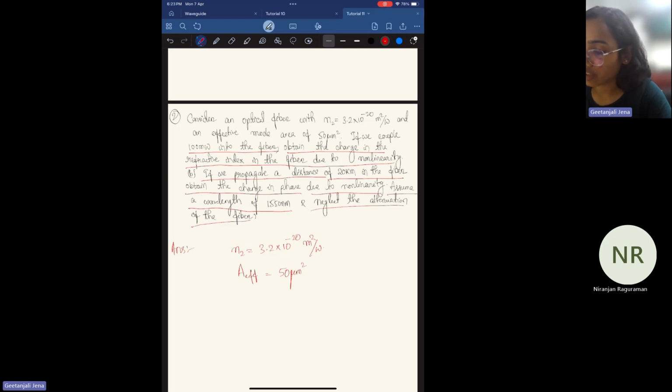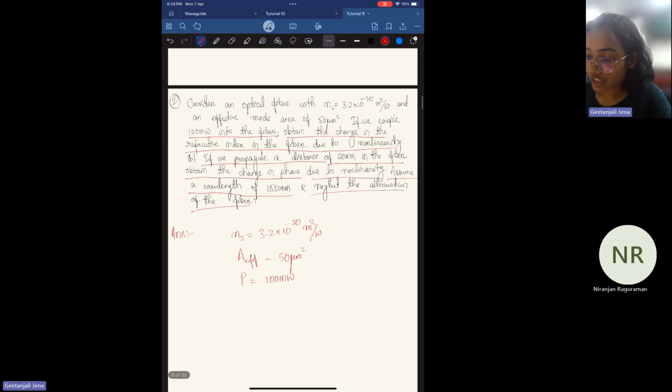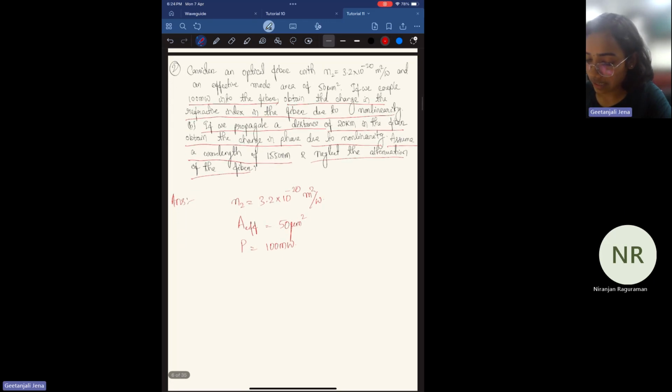So first you need to find out what is the change in refractive index due to the nonlinearity. The fiber doesn't have any chi2 component, so that means the dominating term will be the chi3 term, which is the Kerr effect. Okay. P is also given, which is power 100. This is easy if you recall the derivation already done in the class.